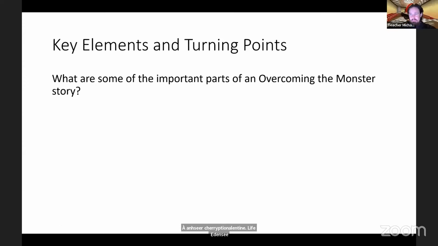Now, does anybody have any questions about what overcoming the monster means? Are there any questions so far before we go into the key elements and turning points of the story? I just saw a question there.